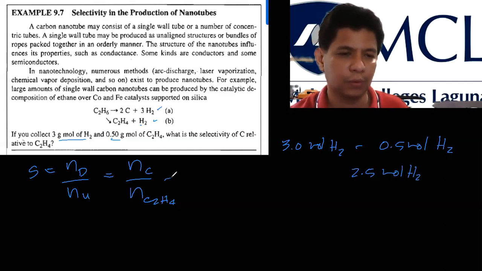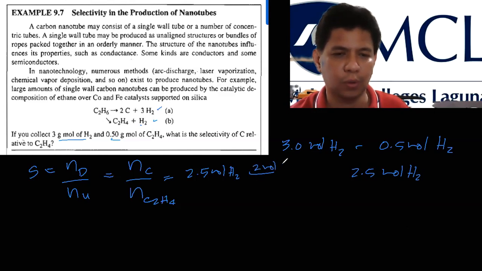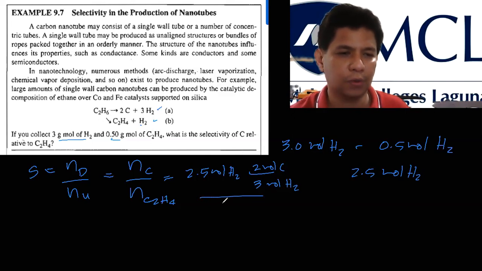So with that 2.5 mole H2, you just use the stoichiometric ratio in reaction A. For every 3 mole of H2, you're going to produce 2 mole of carbon. And then you just divide this by the number of moles of C2H4, which is 0.5.